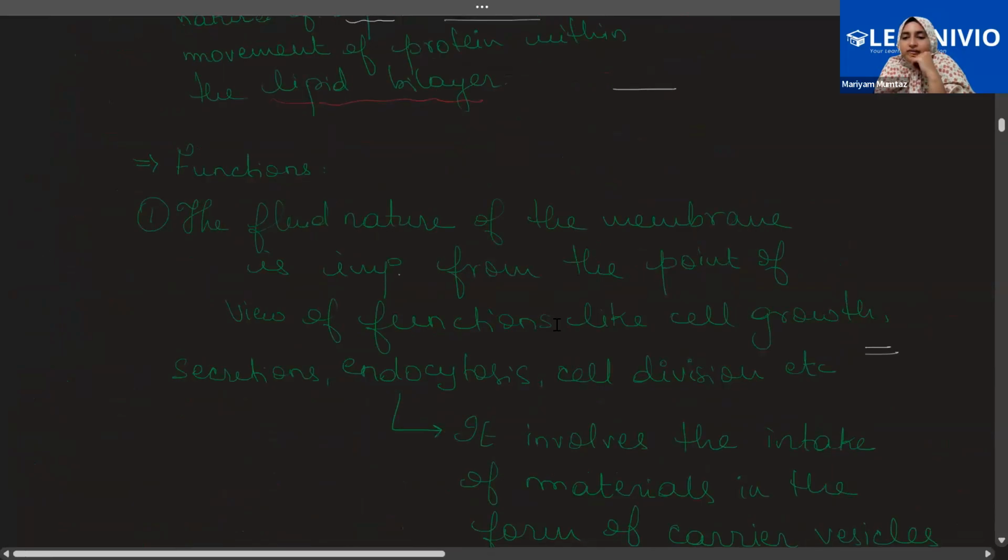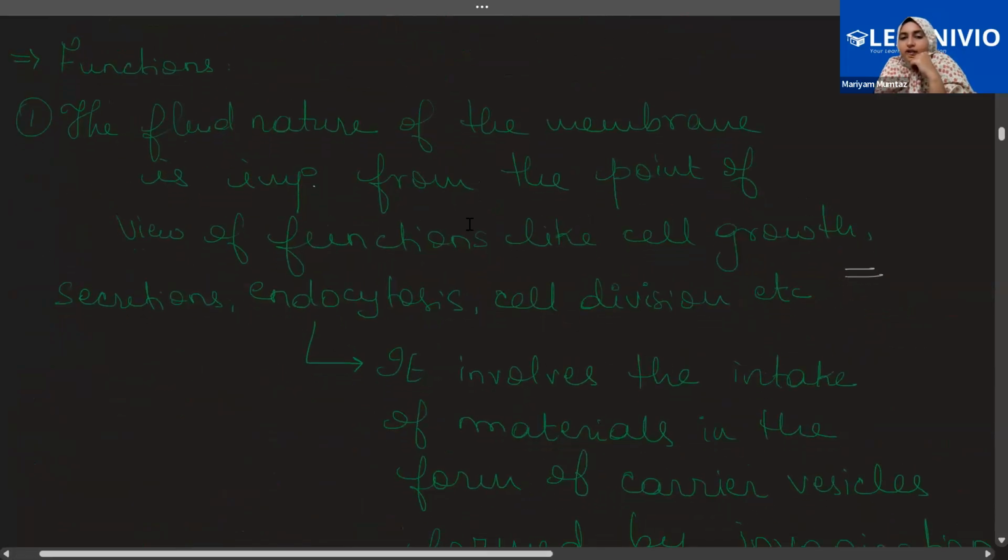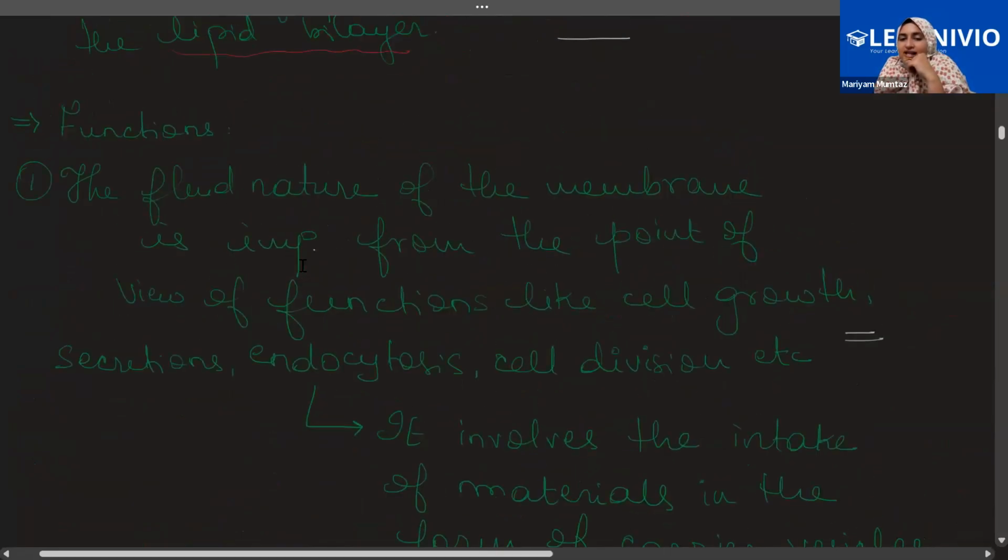Talking about the functions of the plasma membrane. The fluid nature of the plasma membrane is important for functions like cell growth, secretions, endocytosis, cell division, etc. Meaning the fluid nature of the membrane allows it to perform all of these functions.